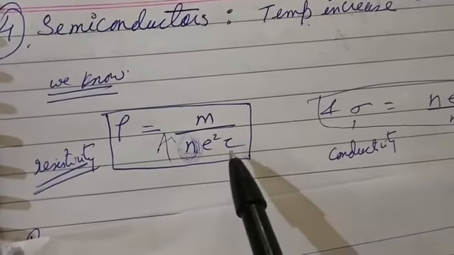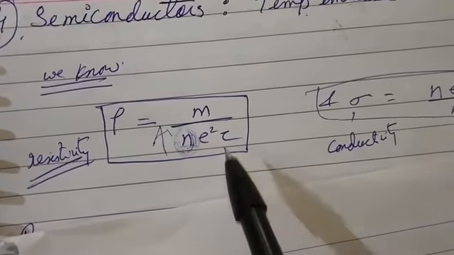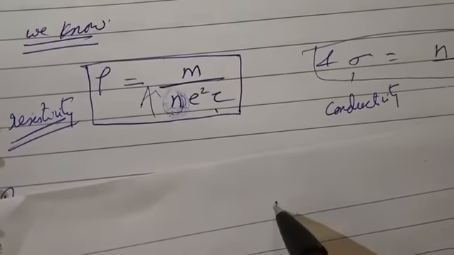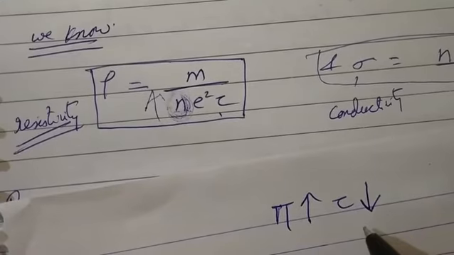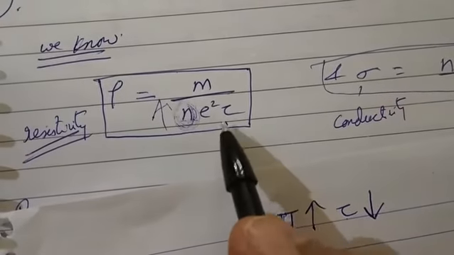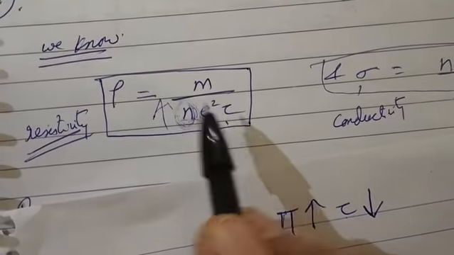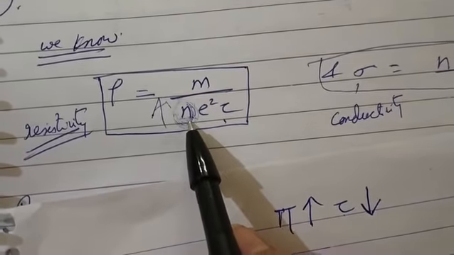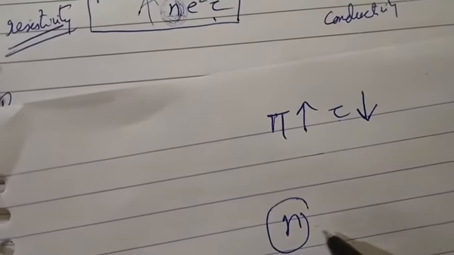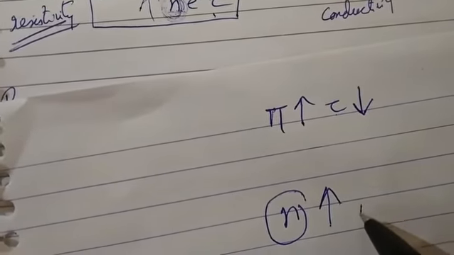But at the same time, by increasing the temperature, we have studied that tau will decrease.